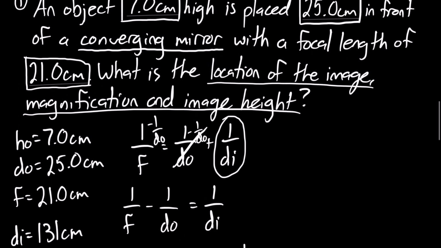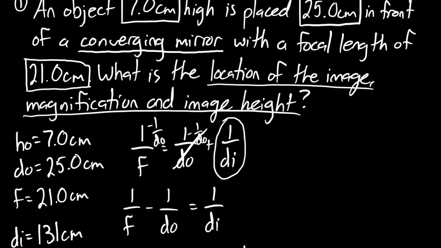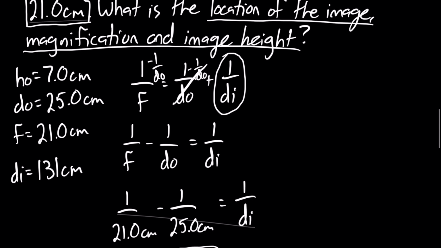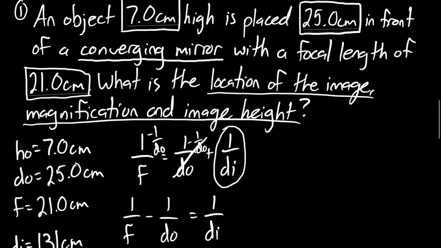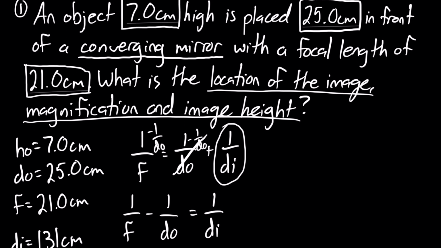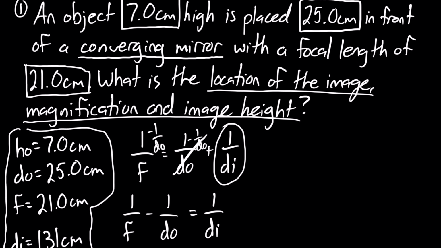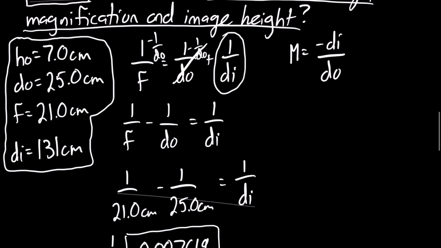So the next thing we need to look for here is magnification. We have a couple different equations we can use, but I would like to start with something I know at least two values for. We have 4 values on our sidebar here, and it looks like I need to use magnification equals negative DI over DO, because I have both of those values, DI and DO.